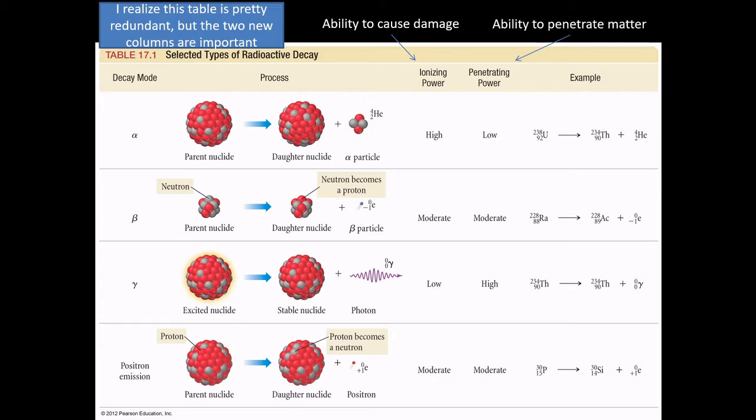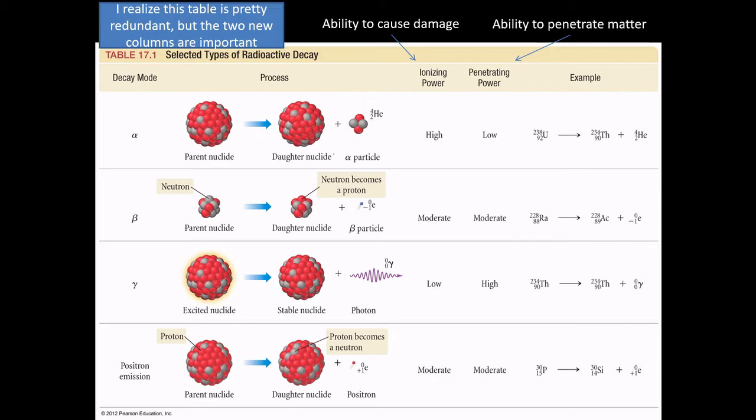So the alpha particles have the highest ionizing power, and this is mainly because they are the size of a skyscraper compared to the beta particles and gamma rays. They are absolutely ginormous because of their mass compared to these other things.